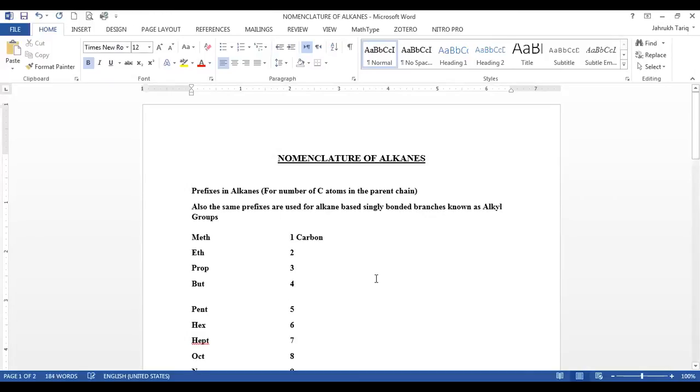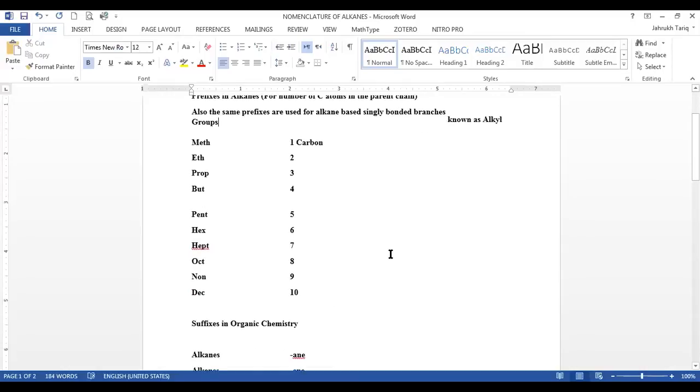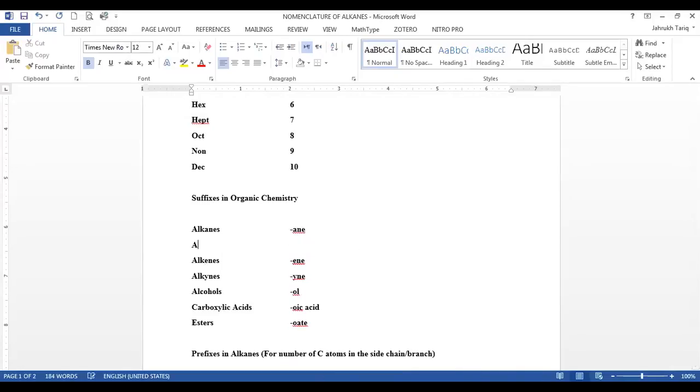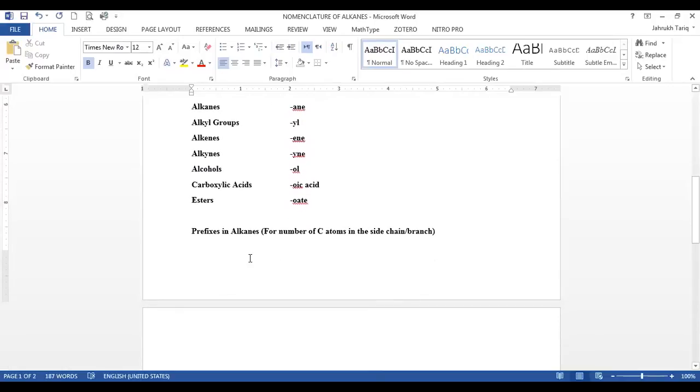Okay. These are the same prefixes that we are going to use. The branches are known as alkyl groups. So what I'm going to do is that I'm going to quote the suffix for alkyl groups over here as YL. Now, this is going to give you a better idea. Previously, you weren't familiar with alkyl groups, so now you are familiar.